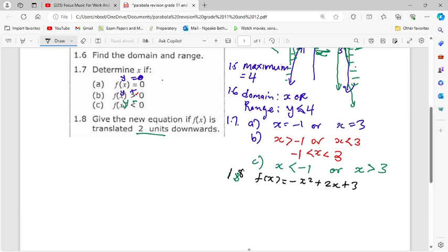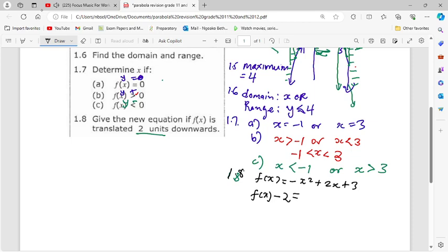So now we are saying f of x is moving 2 units downwards. If it's downwards, it's supposed to be minus 2 to show downwards of the f of x.